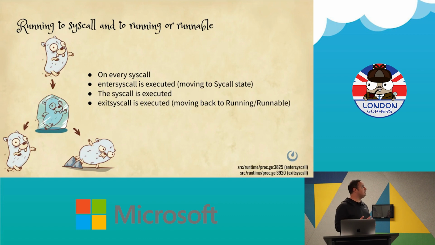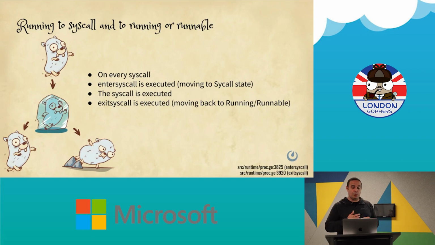But if the syscall is slow or blocking, it's going to wait until the syscall finishes. But when the syscall finishes, it's going to move that into runnable, detach from the M, stop the M that was used for that, and call the scheduler again.